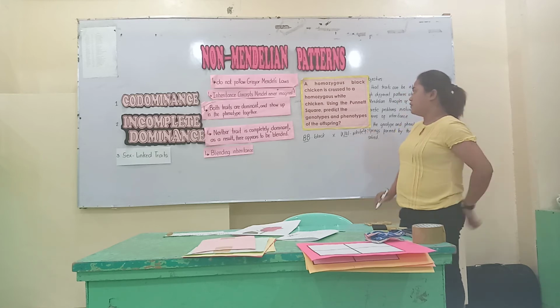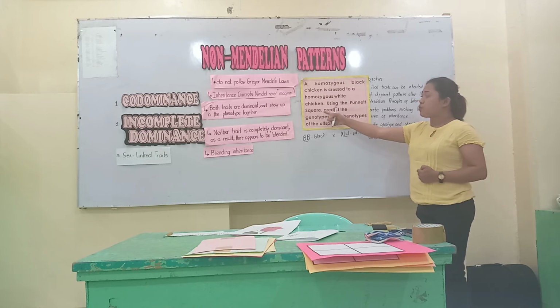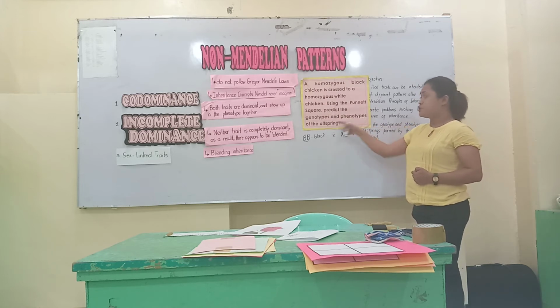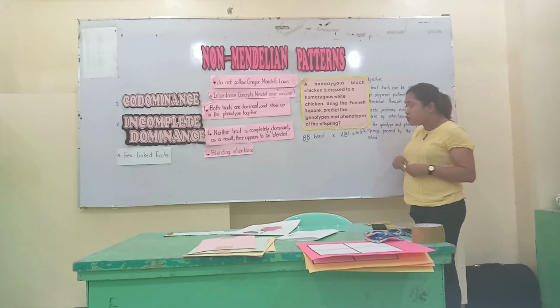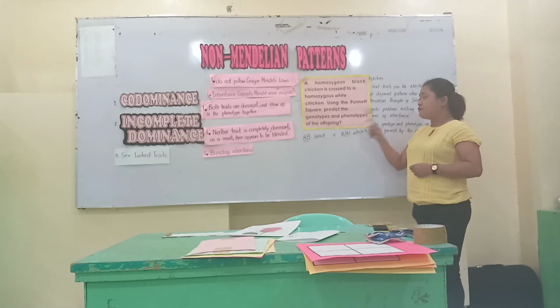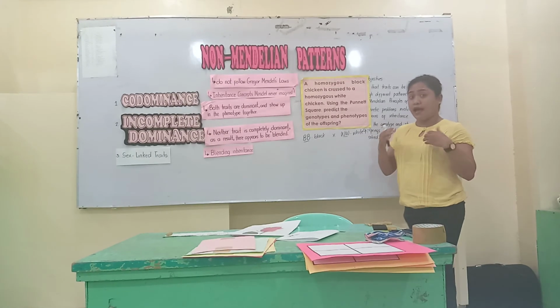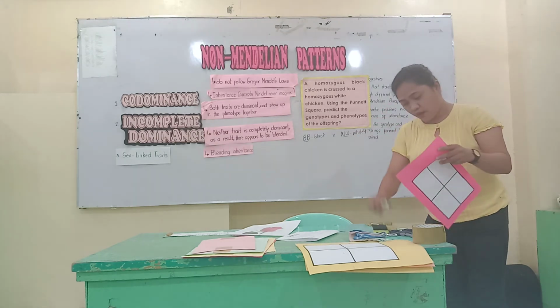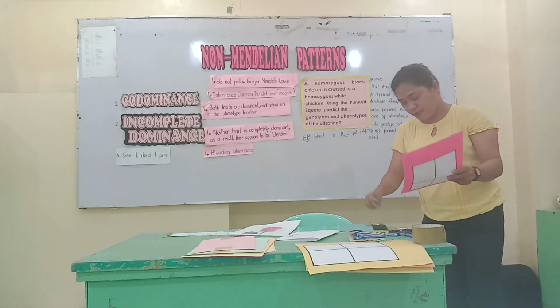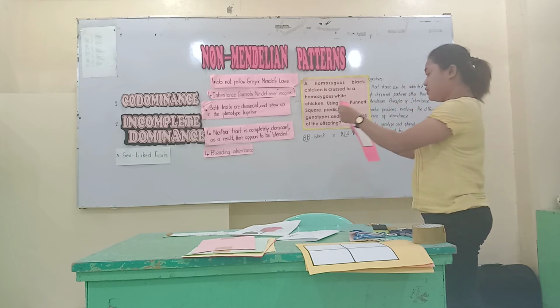Okay. So using the Punnett square, predict the genotypes and phenotypes of the offspring. Unsa kuno ang iyahang genotype ug unsa pud kunoy phenotype sa iyahang mga anak. So let us use this Punnett square and predict the genotype and phenotype of the offsprings.